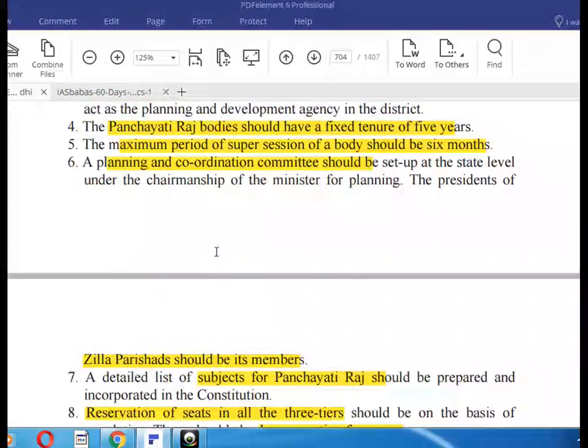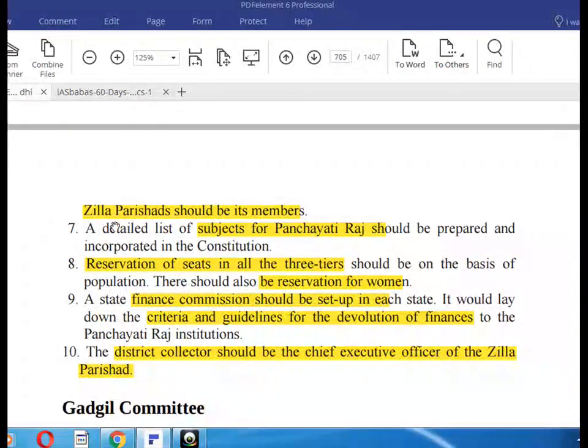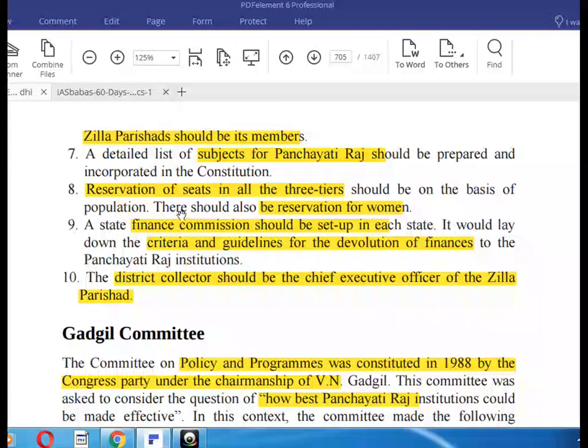Panchayati Raj bodies should have a fixed tenure of 5 years. The maximum period of supersession of a body should be 6 months. A planning and coordination committee should be set up at the state level under the chairmanship of the minister for planning. The presidents of Zila Parishads should be its members. A detailed list of subjects of Panchayati Raj should be prepared and incorporated in the constitution.